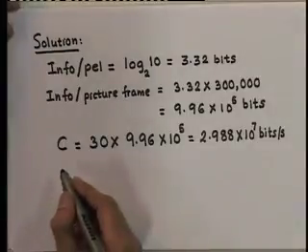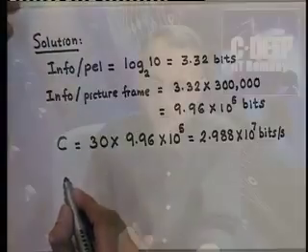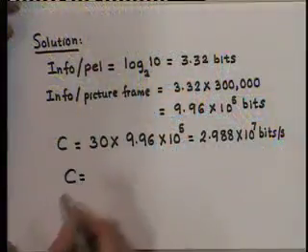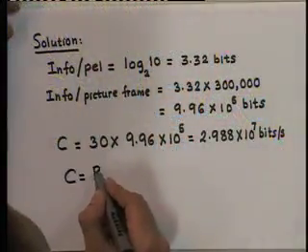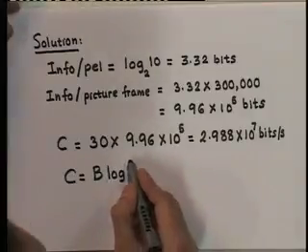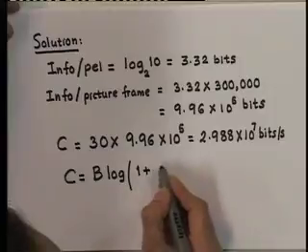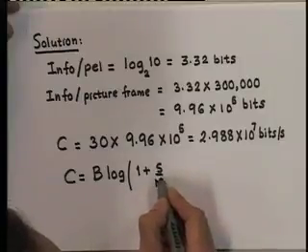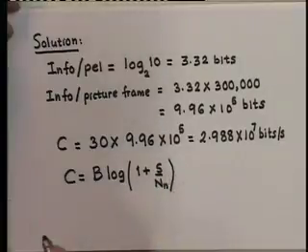Now, we know that for an additive white Gaussian noise channel, capacity C is equal to bandwidth multiplied by log of 1 plus signal to noise ratio.